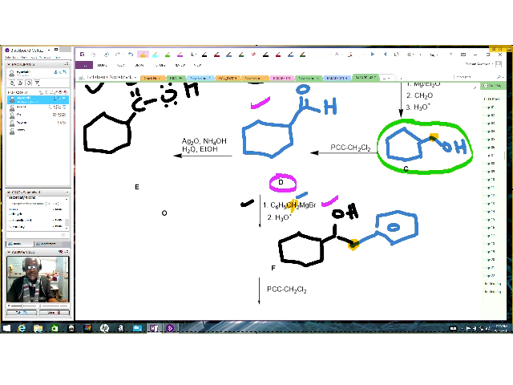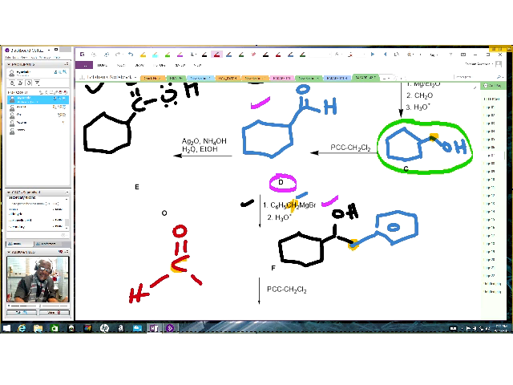We're reacting a Grignard reagent with an aldehyde, we get a secondary alcohol. Now keep in mind, in the last problem with Grignard, we reacted Grignard with formaldehyde. Formaldehyde is the simplest aldehyde, which has two hydrogen atoms attached to the carbonyl.